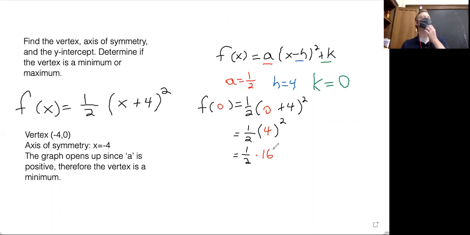And then 16 times 1/2 is the same thing as 16 divided by 2. And that should give us 8. So that means our y-intercept is going to be the point 0, comma 8.